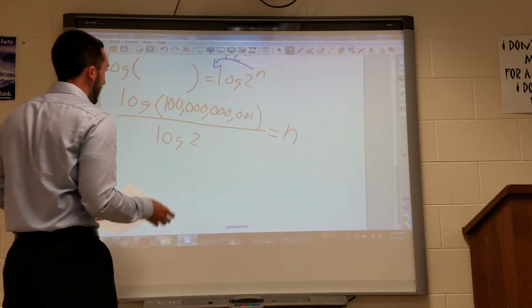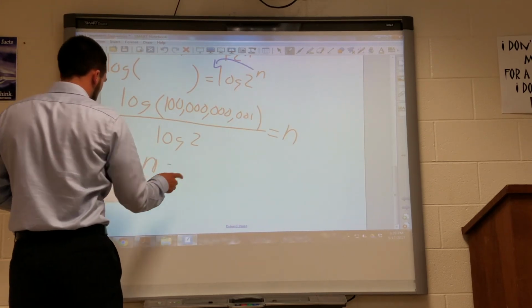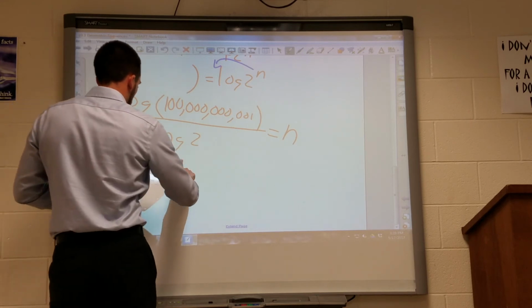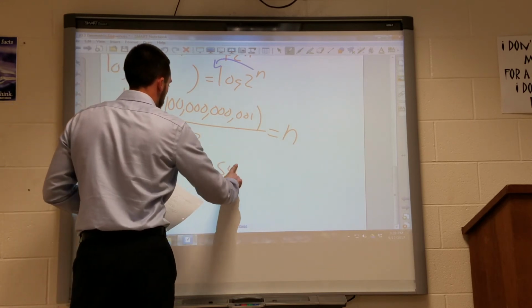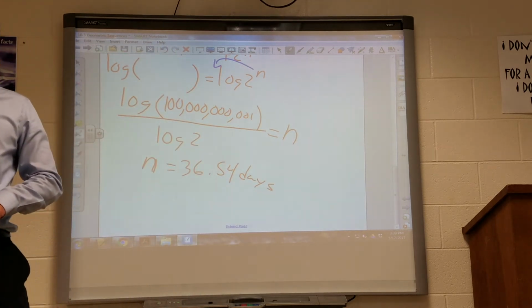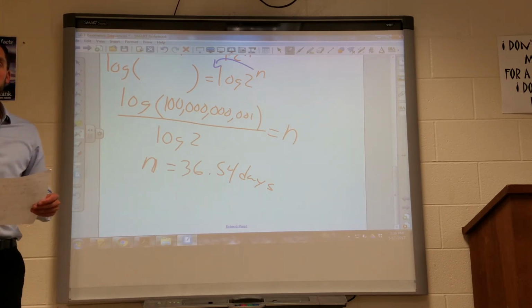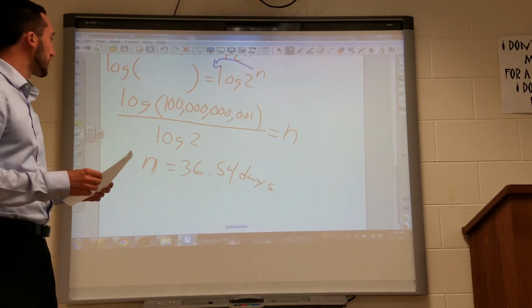And if you go ahead and solve this, your calculator will spit back to you 36.54 days. If she kept up doubling how much money she saved each day, it would take her 36.5 days to reach her goal of $1 billion.